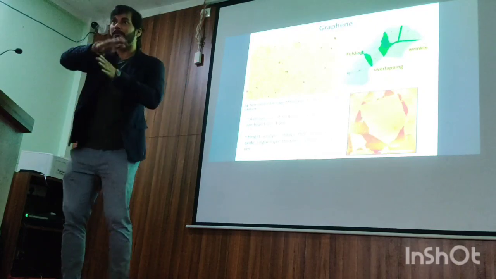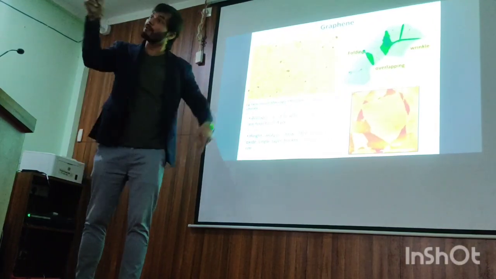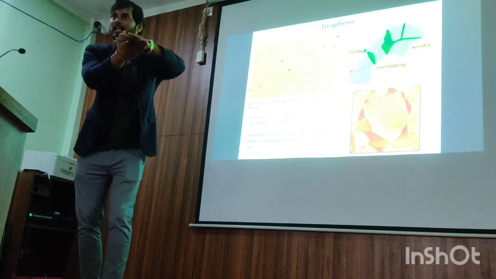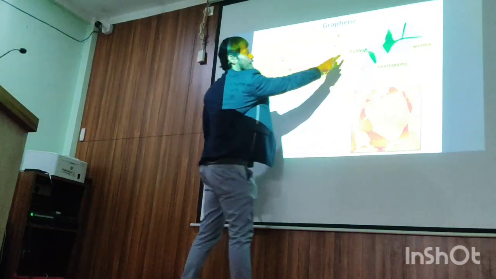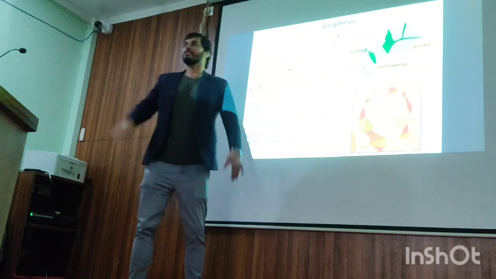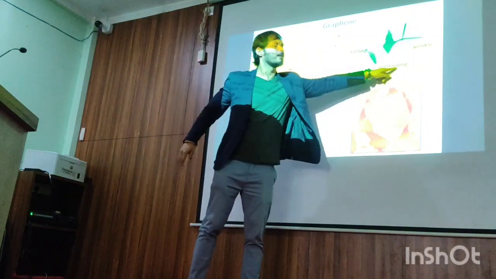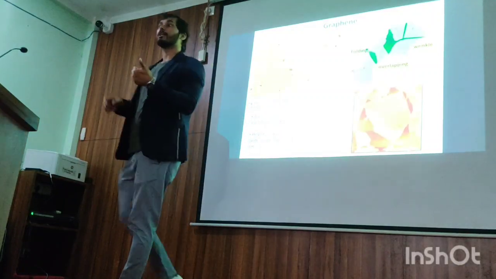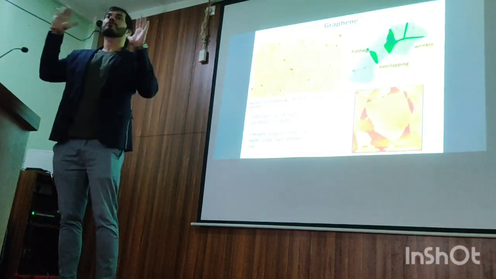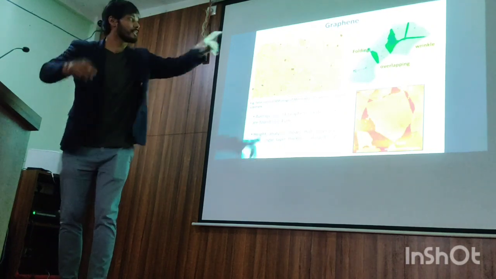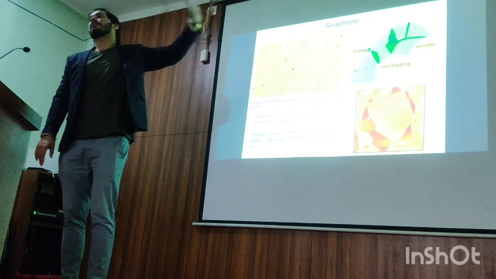When the bedsheet folds over on itself, that is known as folding. And if there are two bedsheets and one lies on top of the other, that is overlapping. These are the properties you can observe in graphene also. So you can understand graphene in terms of a bedsheet: you can see wrinkles, folding, and overlap.